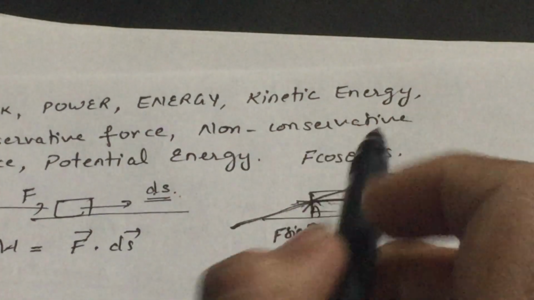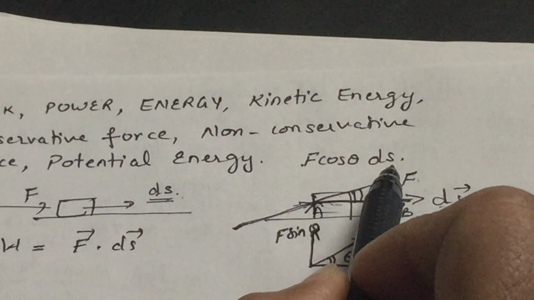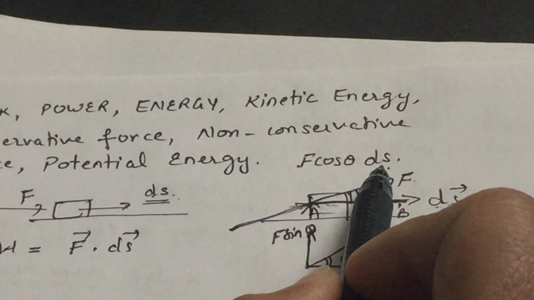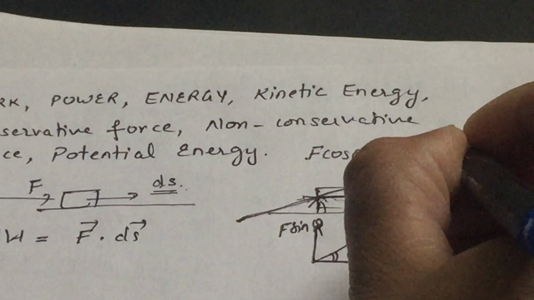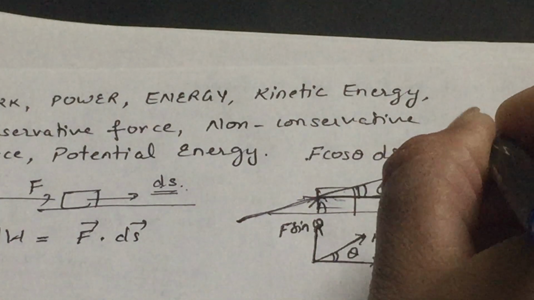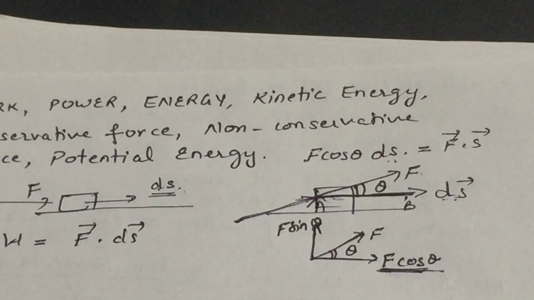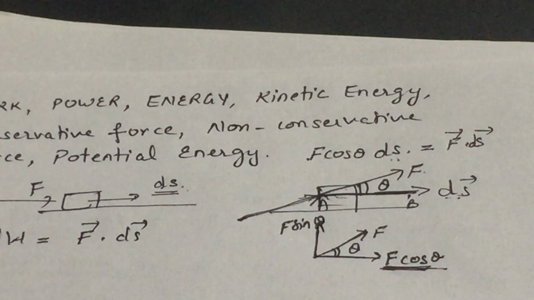And if F is the magnitude of the force and ds is the magnitude of the displacement, they can be given in vector form, in the dot product form, that is F dot s or F dot ds, because the displacement we have taken is very small.